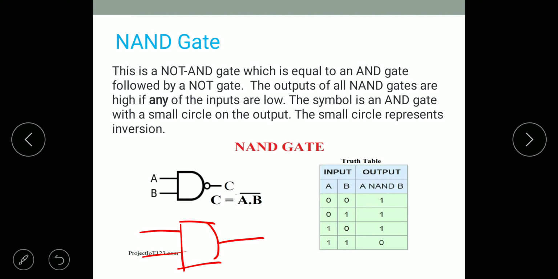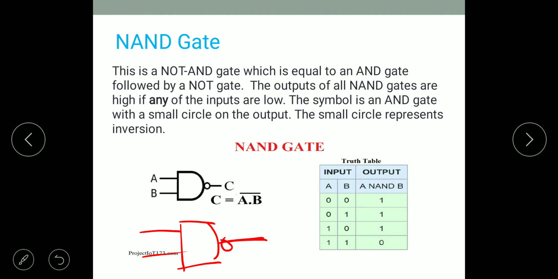If we remove this bubble, then it looks like an AND gate. But if we draw the bubble or a circle at the output line, then it is seen as a NAND gate. That is nothing but not AND. That means the output of the NAND gate is the inverse of the output of the AND gate.